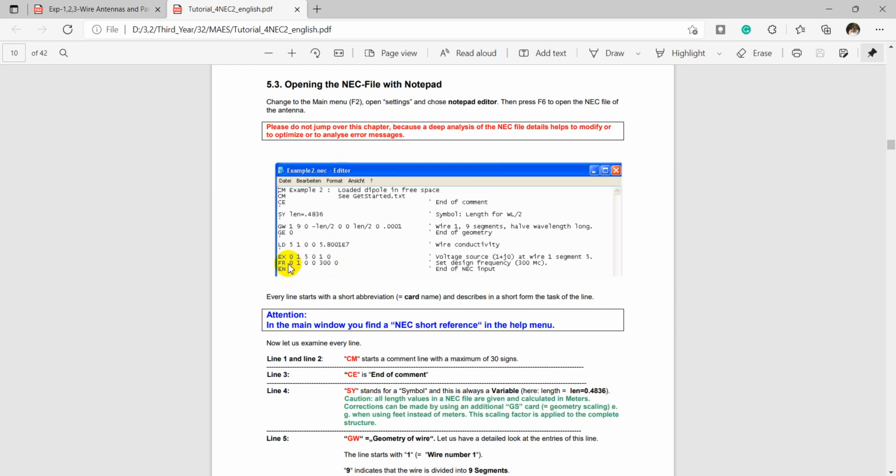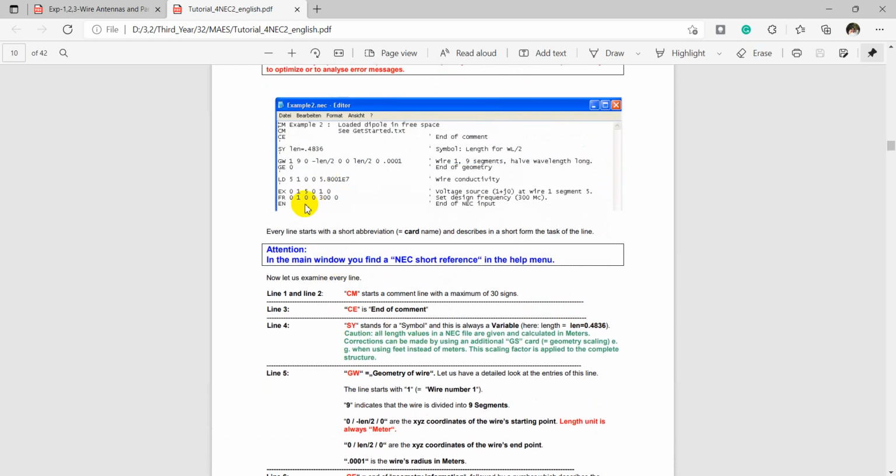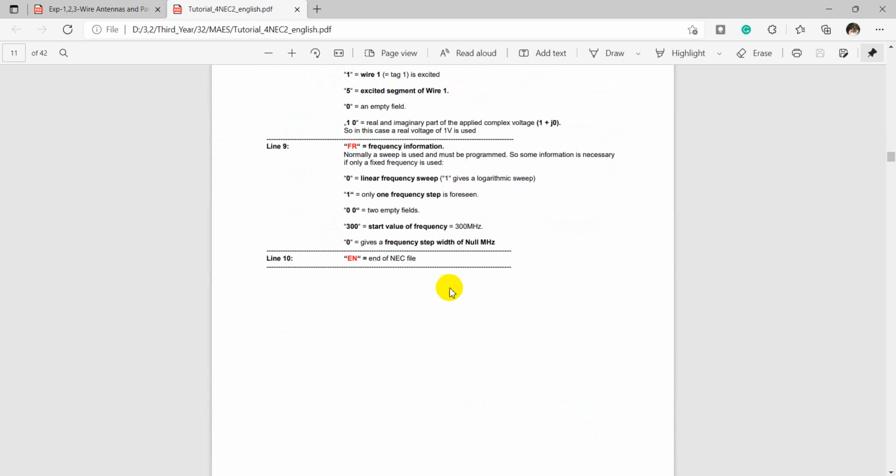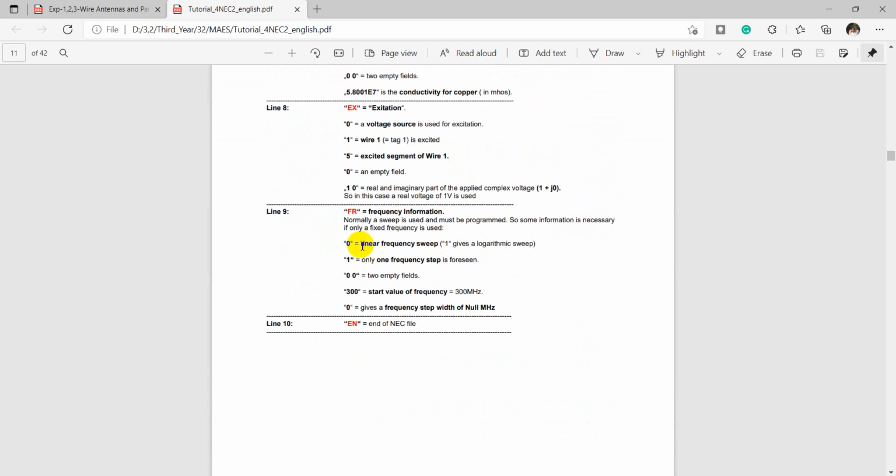This is the frequency section, 0 1 0 0 300, where the 0 indicates the linear frequency sweep, and the 1 indicates one frequency step, and then the 00 indicates the two empty fields.